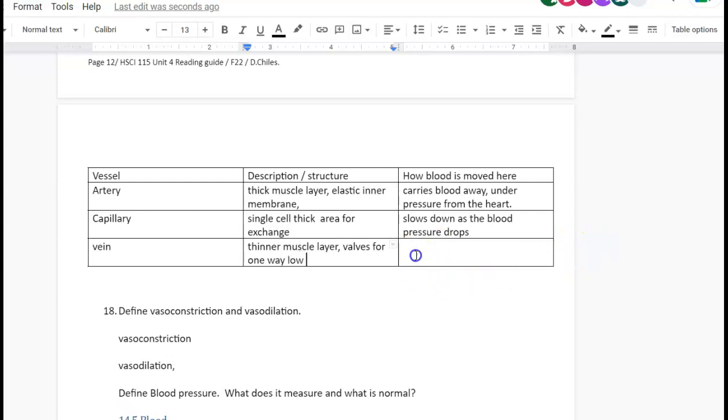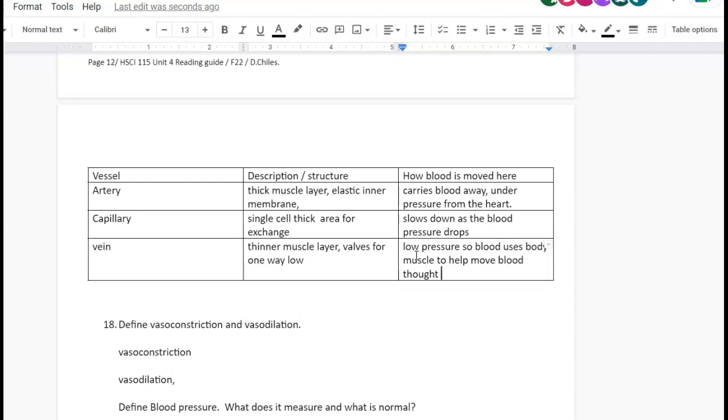And because they're low pressure, body muscles help move blood through the veins. Okay? Good.